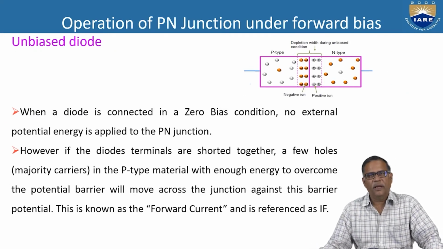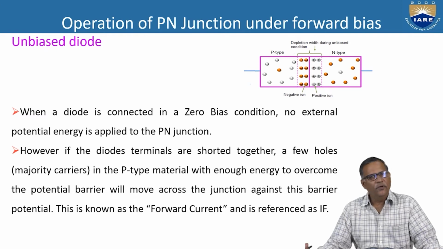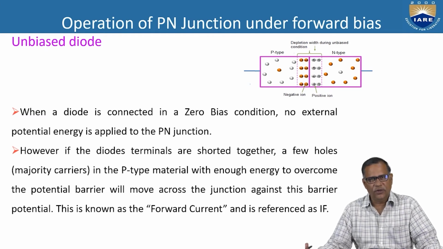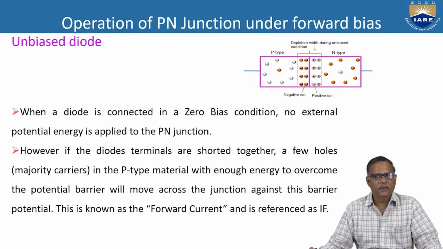And what is an unbiased diode? When the device is formed, if we do not apply any voltage to the diode, it is called an unbiased diode. That means it is connected in zero bias condition, with no external voltage applied to the junction.